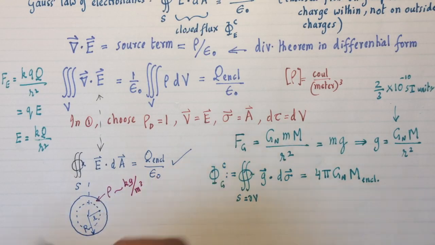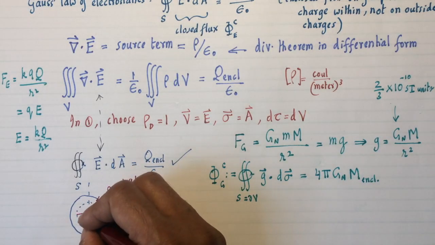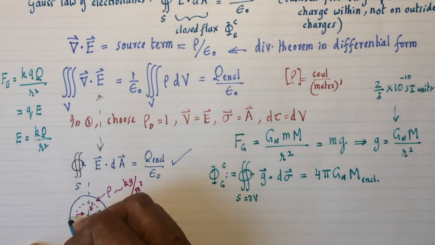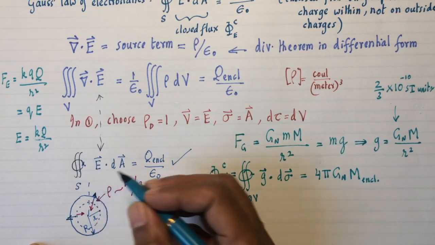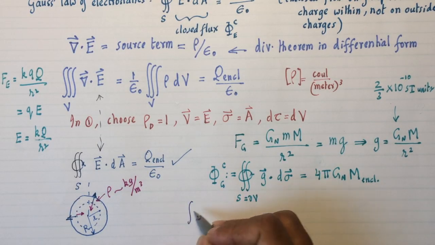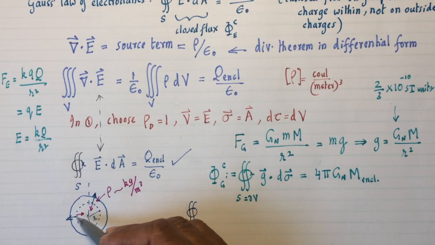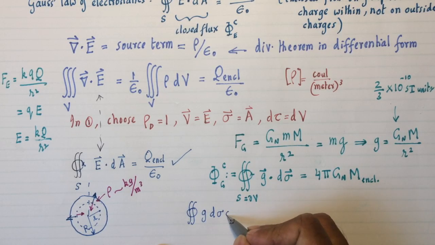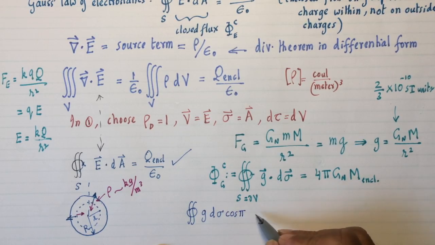Now, what I'm going to do here is look at the gravitational field. It's going to be pointing inward by symmetry everywhere, and the area vector is going to be pointing radially outward everywhere. So g dot d sigma, let's simplify the left hand side of Gauss's law, is going to be, I'll remove the orientation because the inward normal has already been chosen, g times d sigma times cosine of pi, which is -1, by the way.